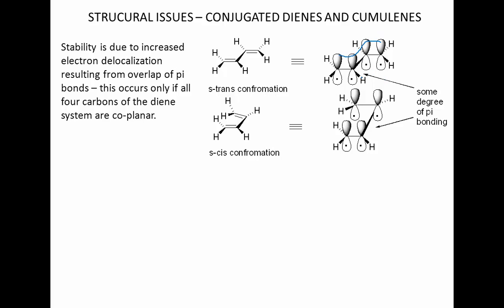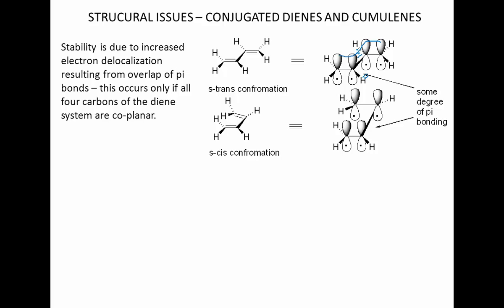When we do this, we actually have some degree of double bond character right there. Not as much as on the ends, but there is a higher degree of double bond character there. Okay? Or actually a very small degree of pi bond character there as well.